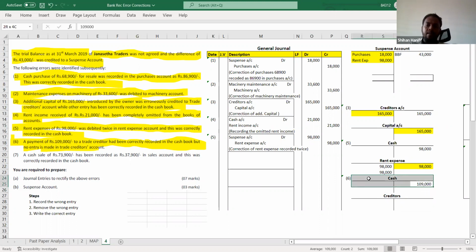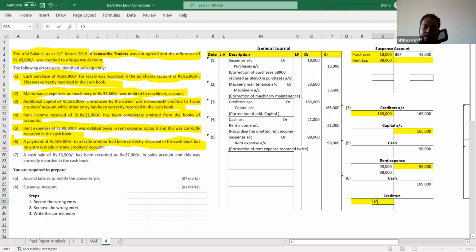But no entry is made in the creditors account. So we have to make the entry, creditors account debit. Then the difference goes to the suspense account.